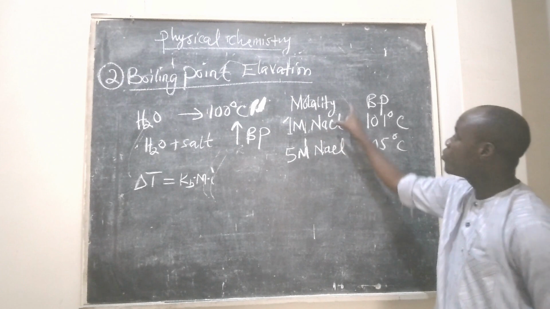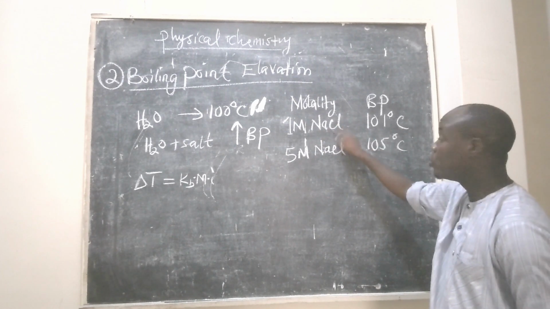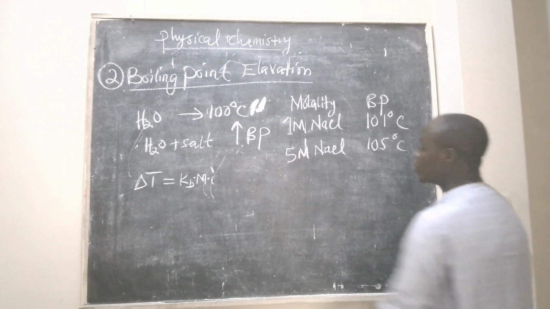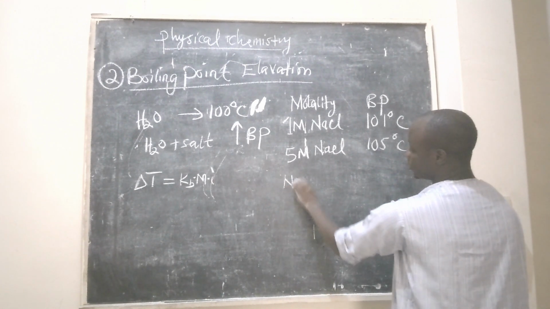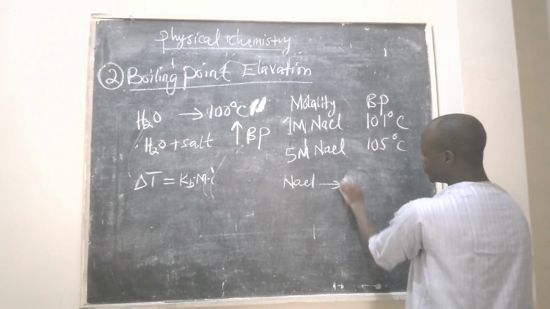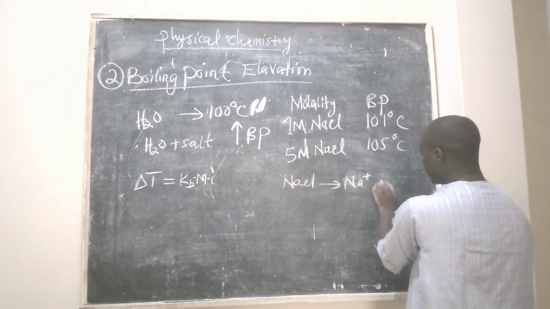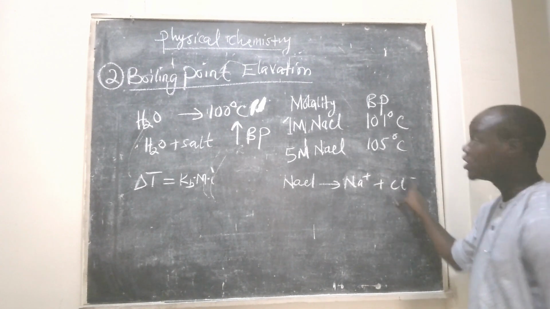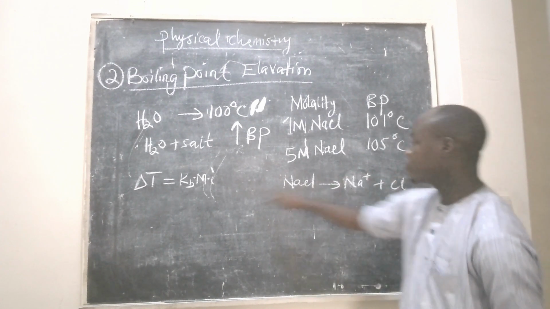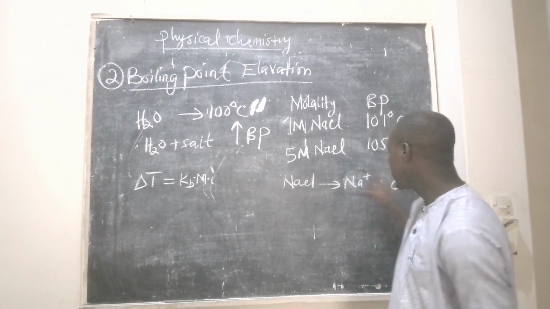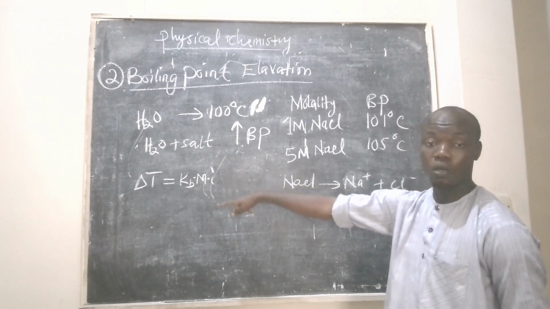For example, the van 't Hoff factor of sodium chloride is 2, because when sodium chloride dissolves in a solvent, it produces sodium ion plus chloride ion. So it means that we have 2 ions. In the earlier example, the van 't Hoff factor in this equation will be 1.